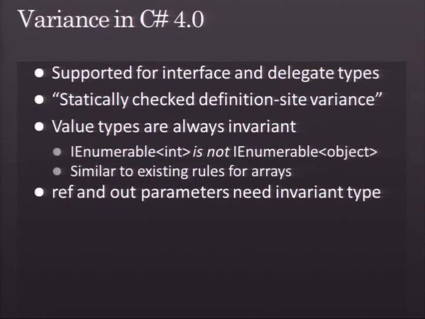Just some bullet points about the actual restrictions and behaviors of variance. It's supported for interface and delegate types only, so not for classes in particular. And there are some reasons.